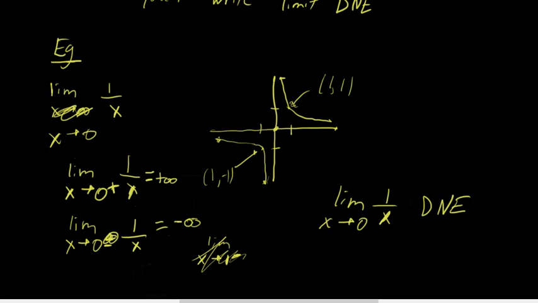But when looking at just the limit as x tends to 0, taking into account approaches from both the left and the right, we say it doesn't exist because coming in from the right, you tend towards larger and larger positive numbers, and coming in from the left, you tend towards larger and larger negative numbers. So there is no ambiguity. We say the limit as x tends to 0 of 1 over x does not exist.